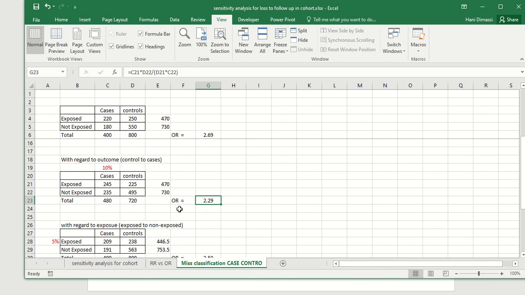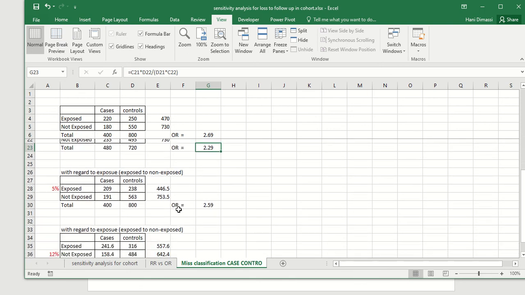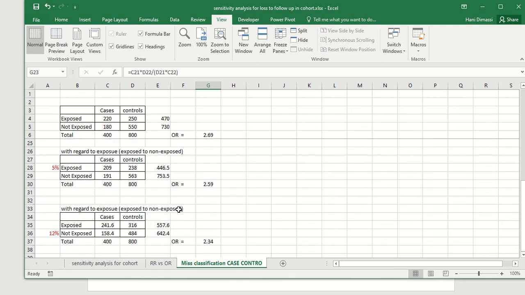Continuing with non-differential misclassification, now the example is I'm making a non-differential misclassification with regard to the exposure. So people that are exposed, I'm putting them as non-exposed. The rate is 5%. So I'll remove 5% from the top and put them below. But since it's non-differential, meaning 5% of the cases and 5% of the controls.